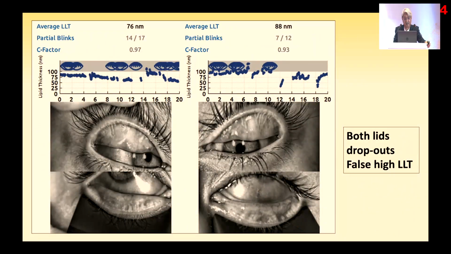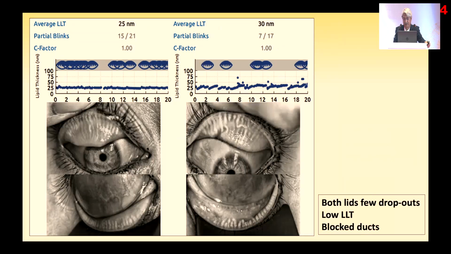So this is another case. You see, though there are dropout areas, LLT shows false high LLT, because sometimes the patient squeezes during that time, and some amount of lipid secretion, whatever gland it comes from, gives an erroneous reading. But look at the anatomy of the meibomian gland, nothing is there. Then this is another example. It matches like 25 average LLT.